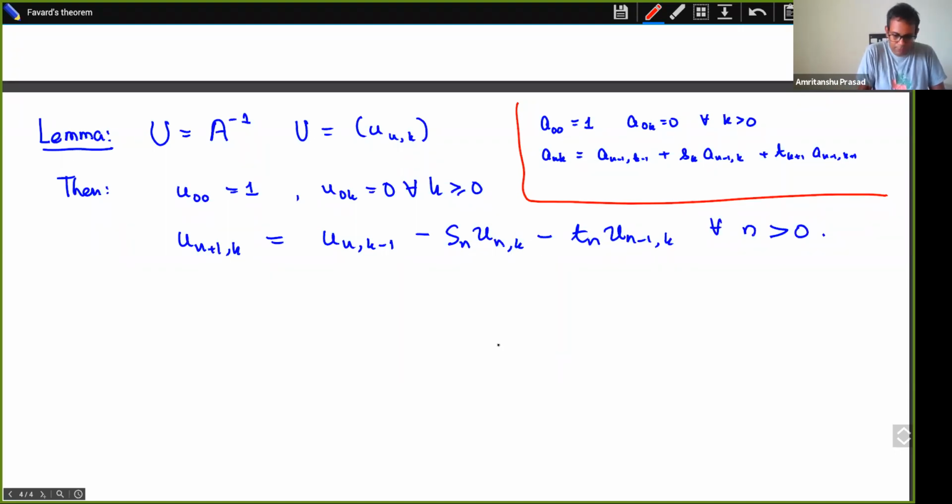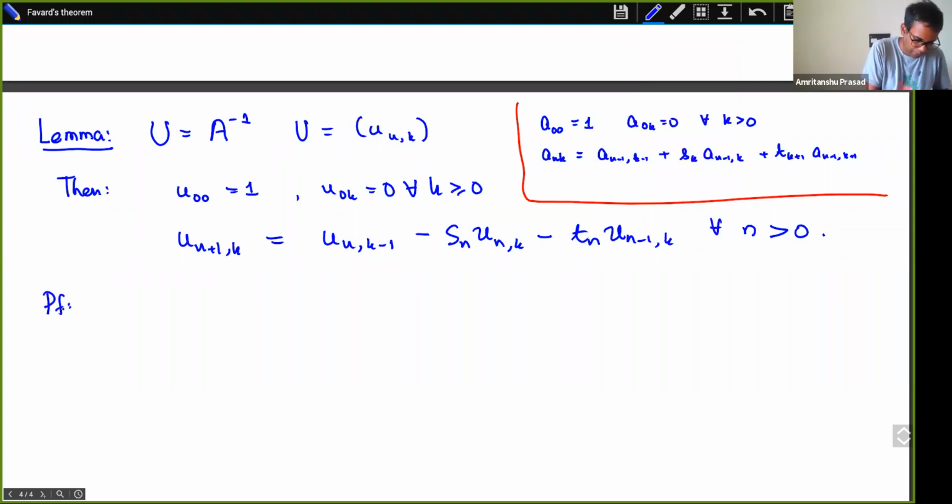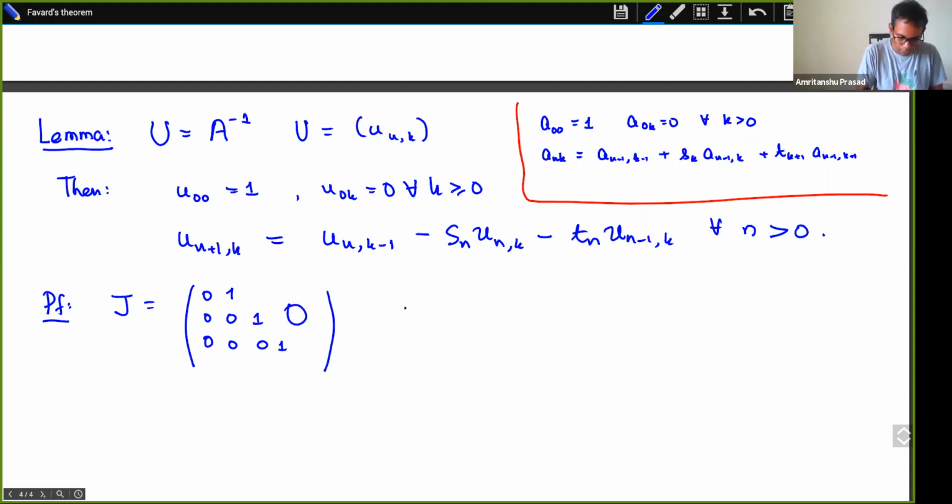And the proof of this is fairly straightforward. I just did it using matrices to define J to be the infinite matrix 0, 1. Now I'm going outside my upper triangular, lower triangular matrices, so you have to be a little careful. This is some sort of Jordan block.